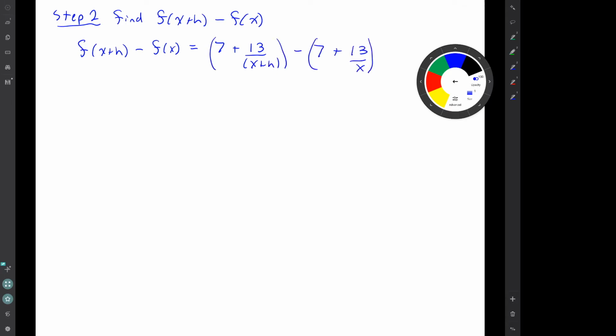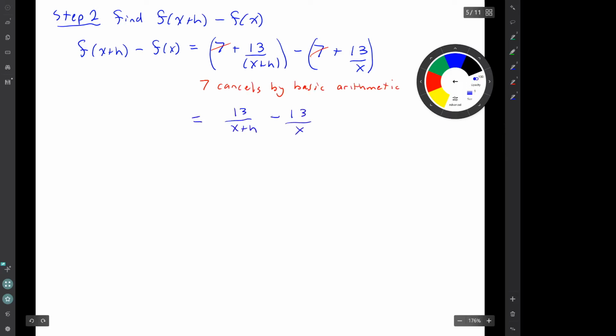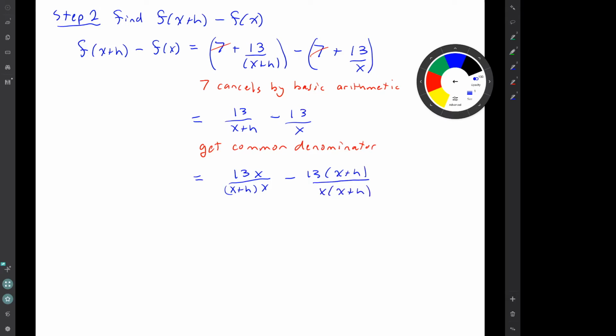So there's our f of x plus h minus f of x. Now we should simplify this. Notice the 7's cancel just by arithmetic. Now we're faced with subtraction of two fractions that have different denominators, so we have to get a common denominator. Now we just combine these two fractions and simplify.